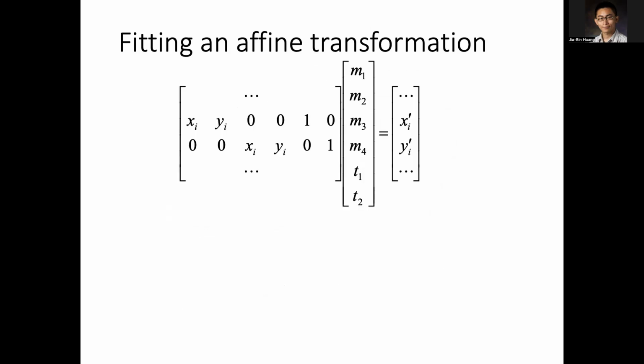All right, so now I have a linear system of 6 unknowns. And we know each matched pair, x, y and x', y', will give me two equations. So how many pairs of correspondences do I need to solve this?